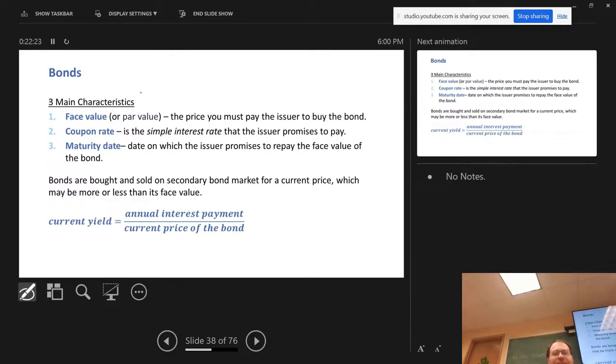With bonds, things to keep in mind: face value, coupon rate, and maturity date. Just terms for how much you invest is face value. The coupon rate is essentially the interest rate.